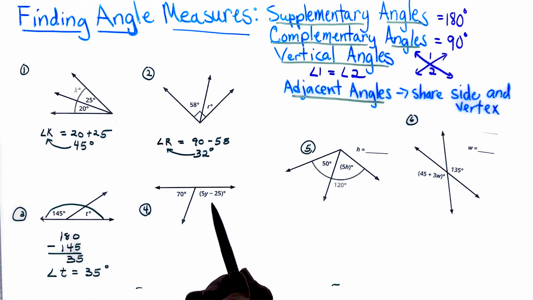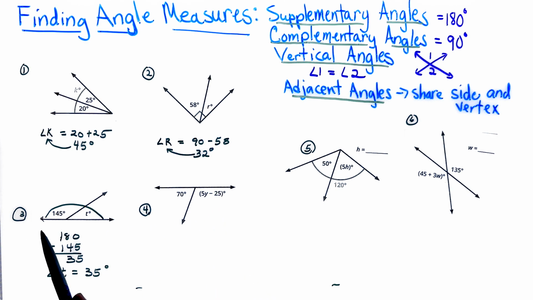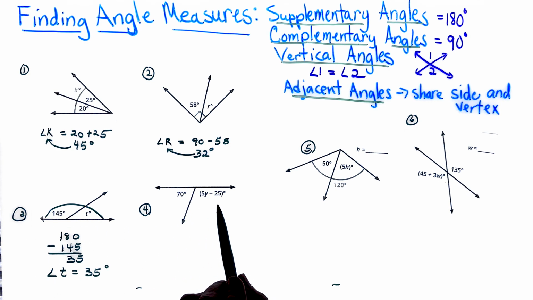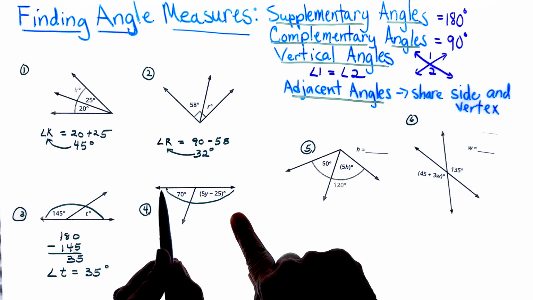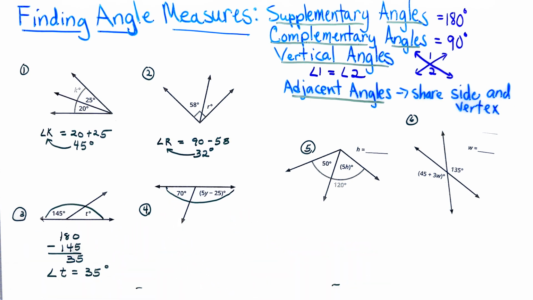Looking at number 4 now, again, notice it's the same type of angles as in number 3. So we know that these two are going to add together to equal 180. They want us to find y, so we'll have to ask what that angle measurement is.